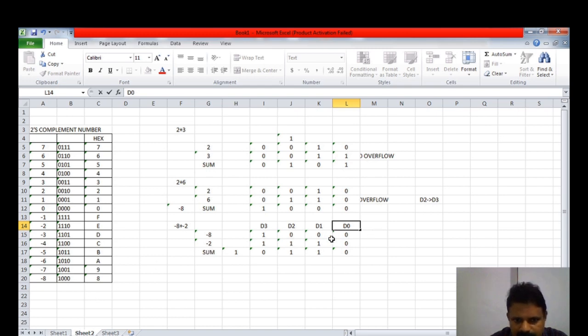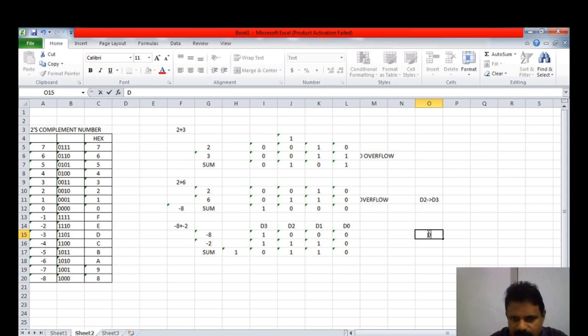But there is no carry from D2 to D3. Previously we said once a carry moves from D2 to D3, it should be indicated by the overflow flag.